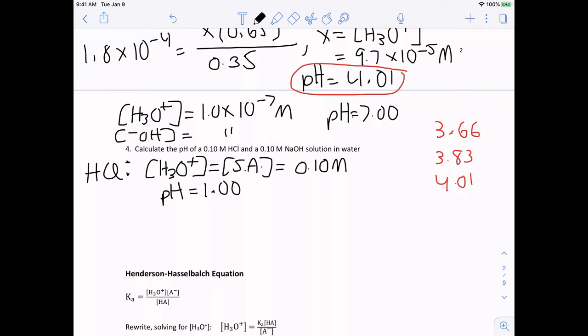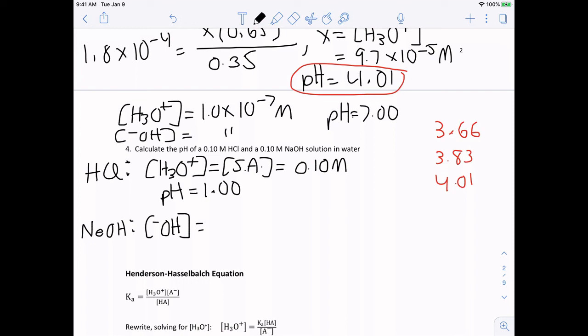For my sodium hydroxide, this time this is one we can do 2 different ways. I can calculate my pOH, or I can use my Kw, my ion product constant for water, to determine hydronium ion concentration.